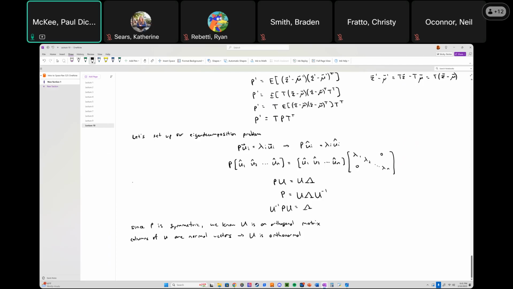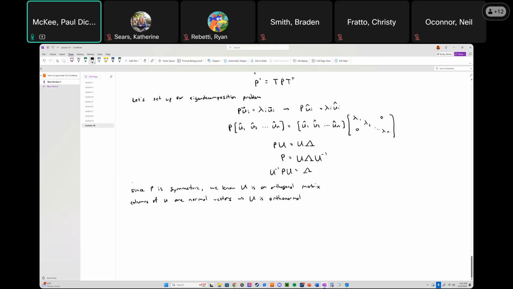So what we're going to say here is U inverse P U is equal to Lambda, and that's also equal to P prime.